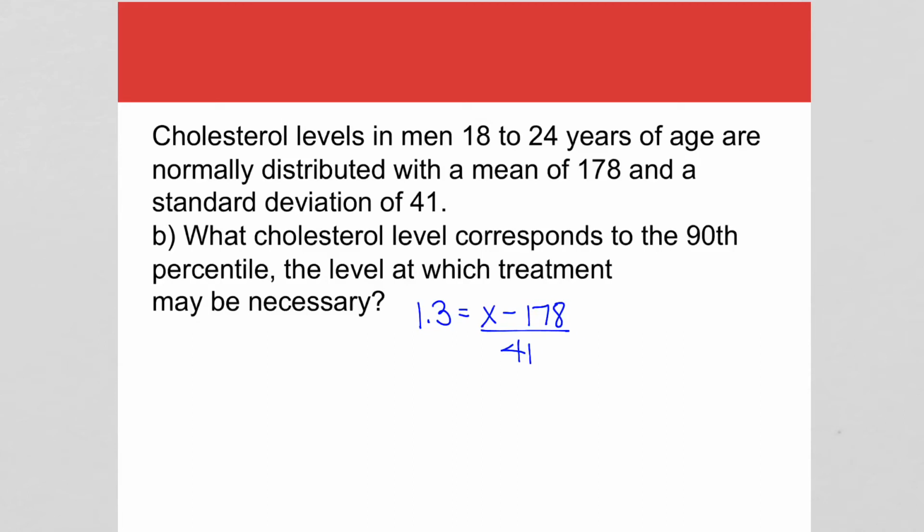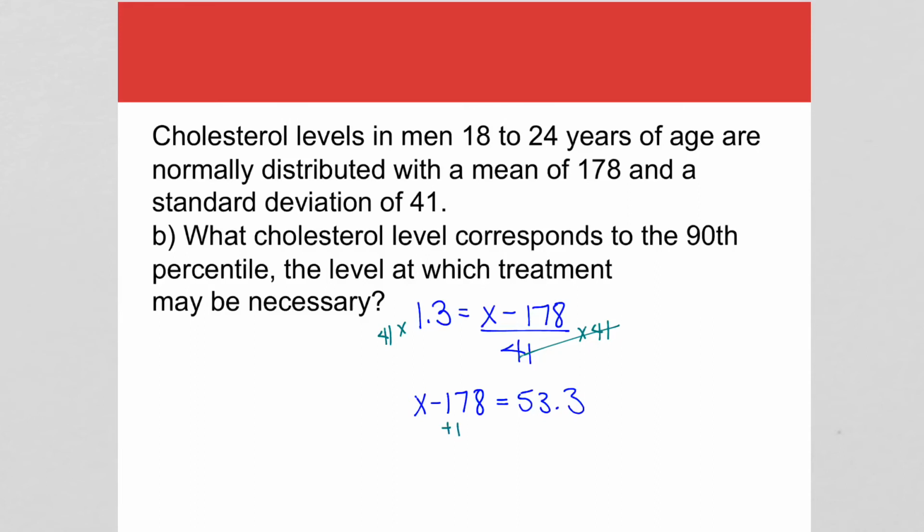So multiply both sides by 41. And we have x minus 178 is 53.3.